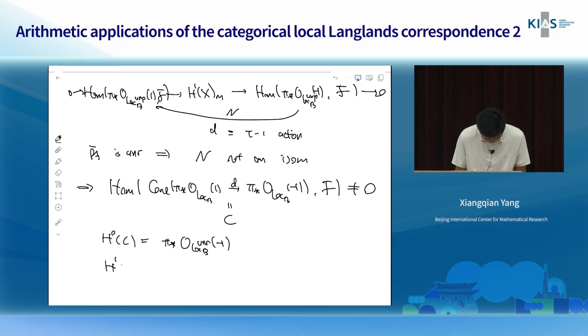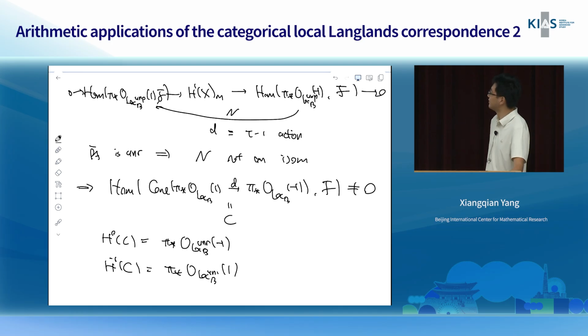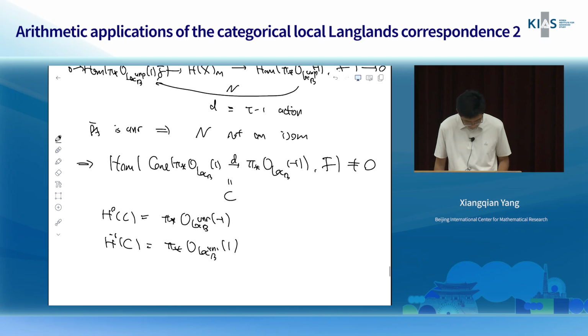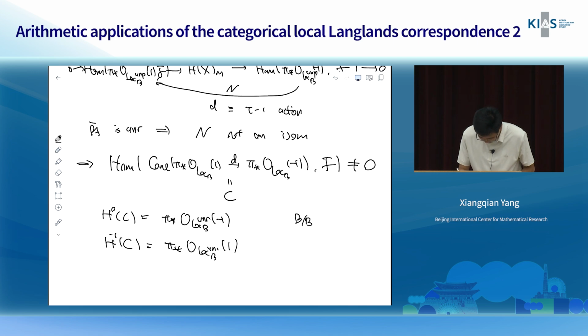And H minus 1 of C is given by log B ramified, shifted by 1. And the ramified stack is just B mod B, and it maps by pi to G mod G. This is log G ramified.